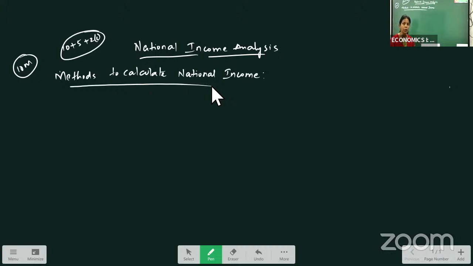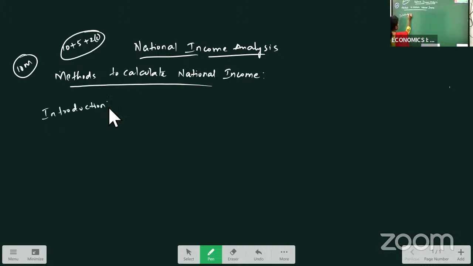So how do we calculate this? When we take the output from all the firms, production houses and all, then we will calculate the output. First you have to write down the introduction.